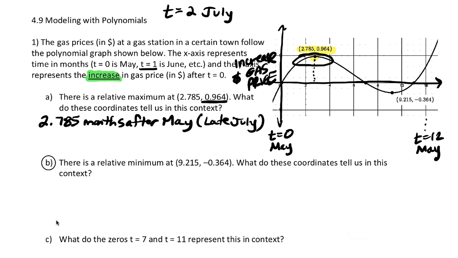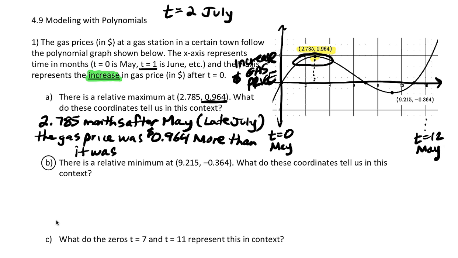So we would say that 2.785 months after May, in late July, the gas price was $0.964, so about $1 more, because it's an increase, than it was in May at t equals 0. So again, we don't know. The gas price could be $5 a gallon, it could be $2 a gallon, but from this graph, we can tell that in late July, the gas price had increased 96 cents compared to where it was originally.